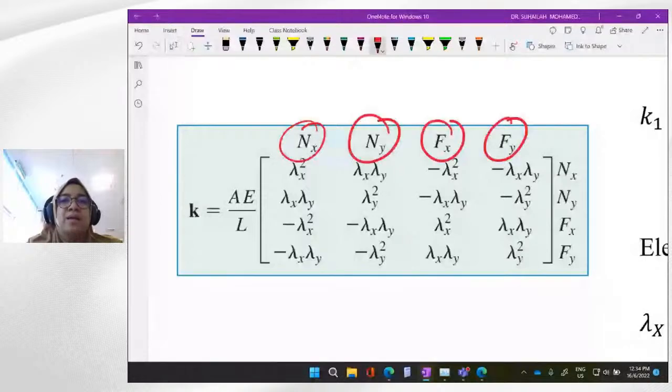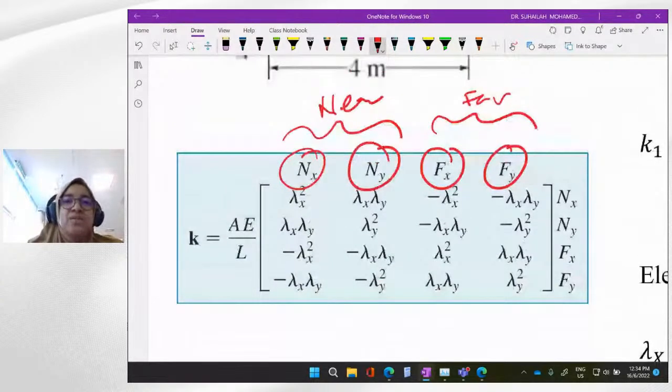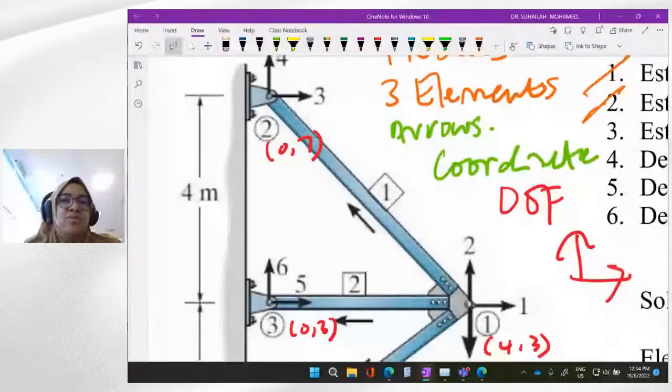N refers to the near end, and F refers to the far end. So how do we identify near and far? Actually by using the arrow. Using the arrow, we can identify which node is the near end node and which node is the far end node.